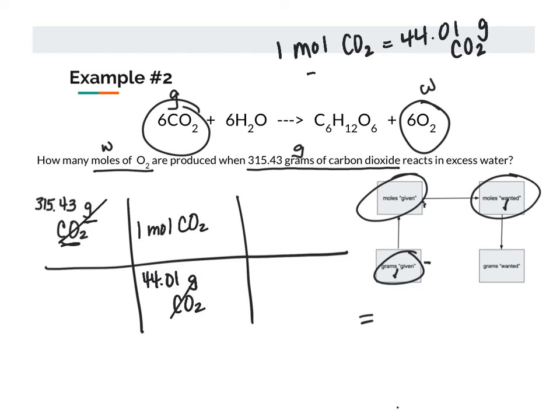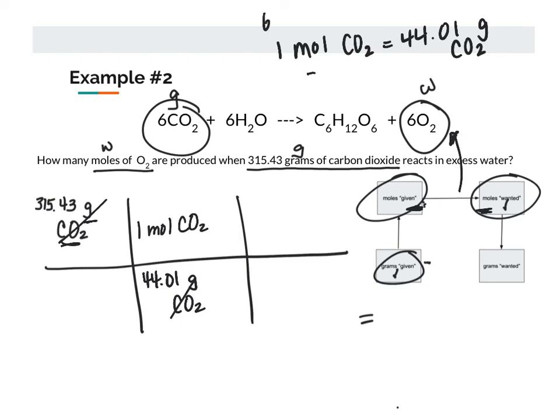All right, so I got rid of grams of CO2. Now I'm in moles of CO2, but now I have to go from moles of CO2 to moles of oxygen. The way that I do that is in my balanced chemical equation. I have to come up with the mole ratio. So I'm going to look at both of those coefficients, which tell me how many moles each of them has.